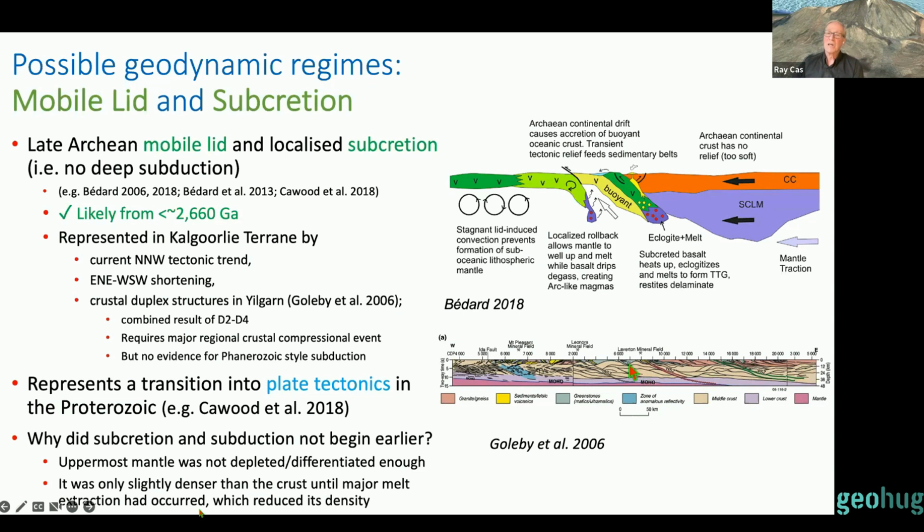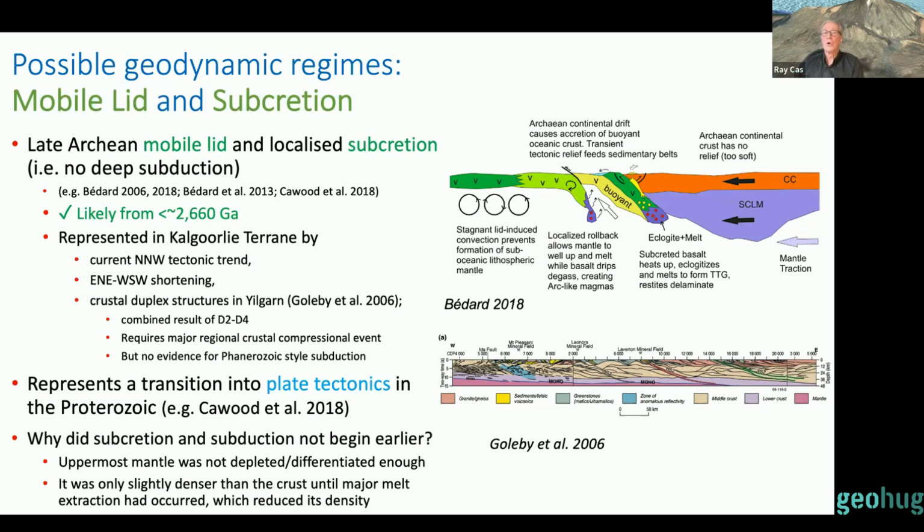So here we are seeing the effects of regional scale tectonic convergence and en echelon stacking. So this means that there is a fundamental change in the geodynamic tectonic regime at this time.